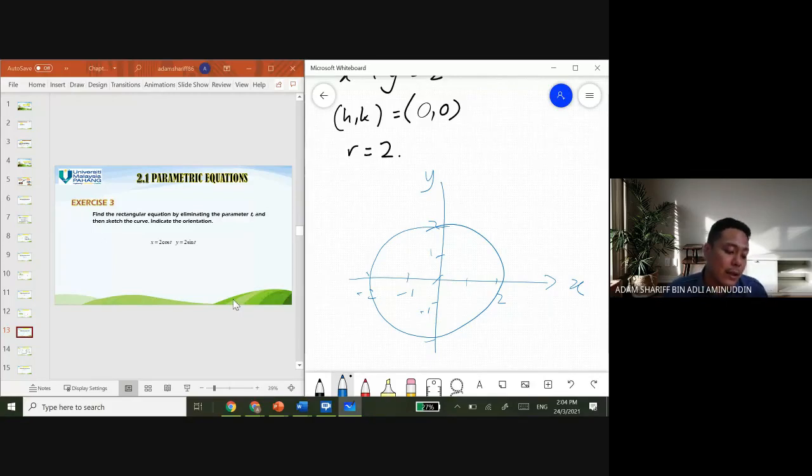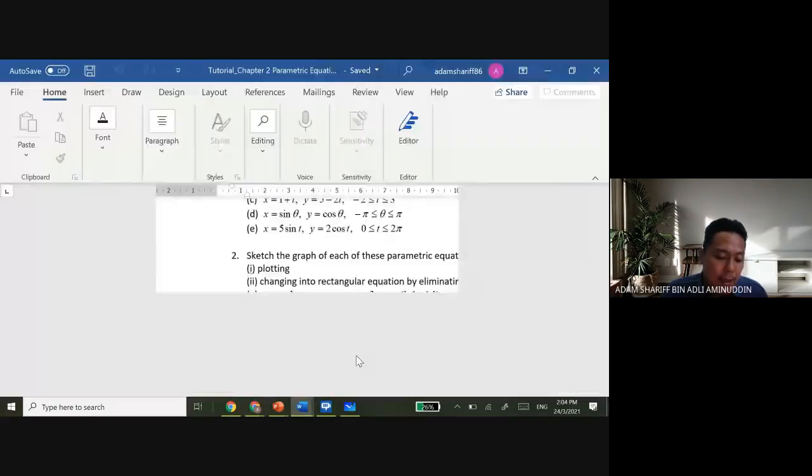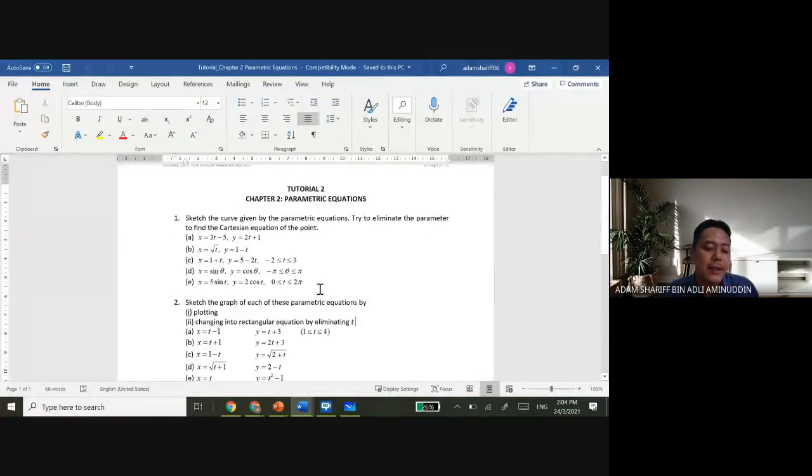Actually, the graph that it should represent is a circle with the radius of 2. And then we stop here. Next week we will continue with more trigonometric punya contoh. In the meantime, you can do many tutorials here right now. Number 1 and number 2 is almost the same.